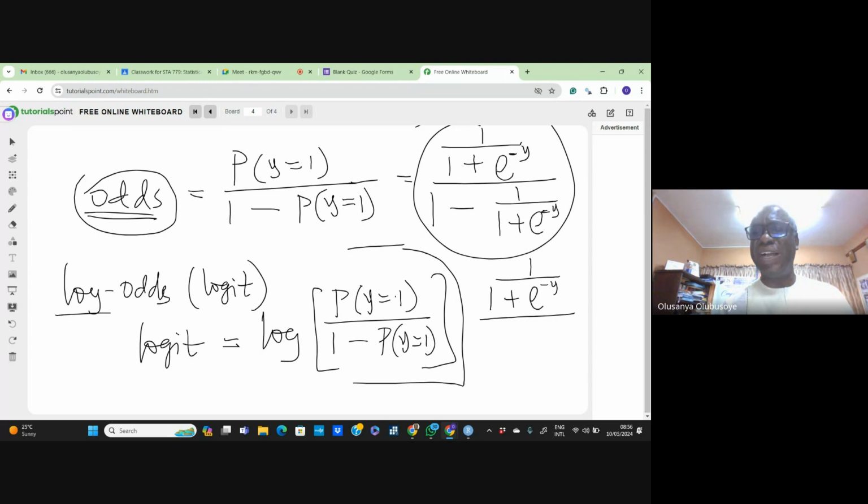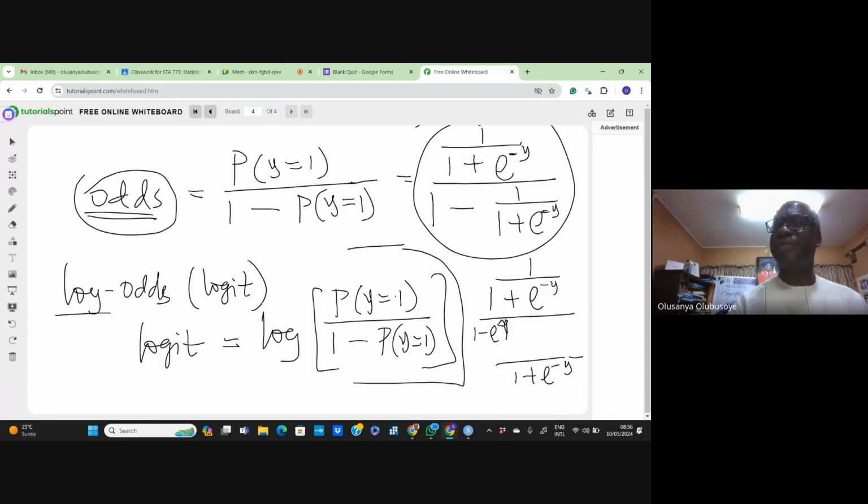So you can take the denominator to be 1 plus e raised to power minus y. And then this will be 1 minus e raised to power minus y.